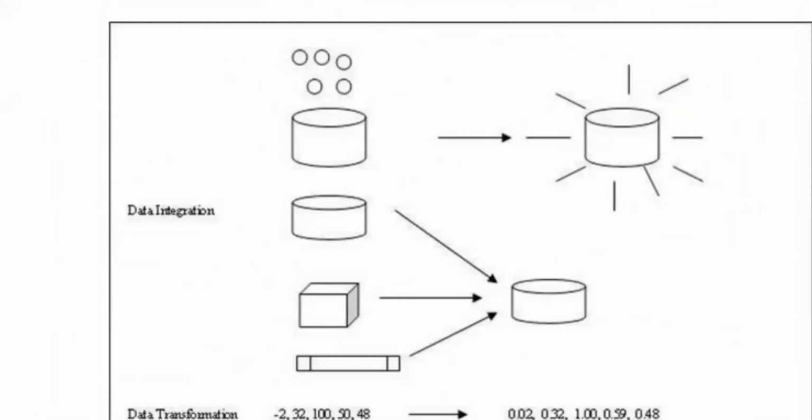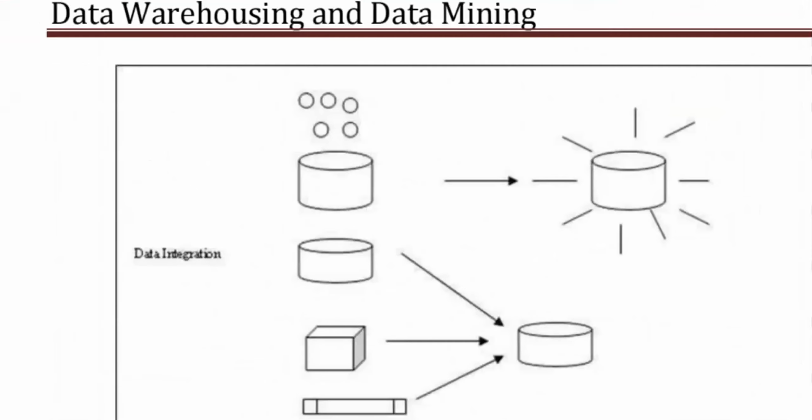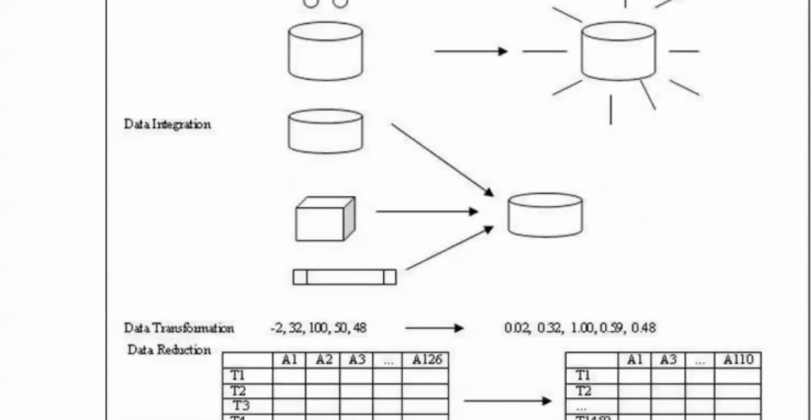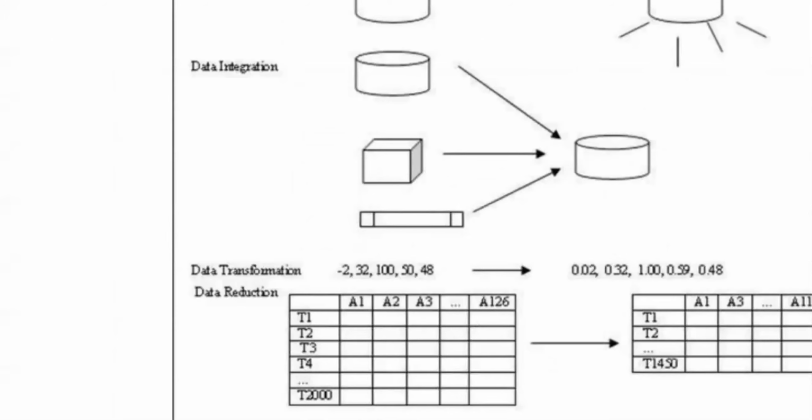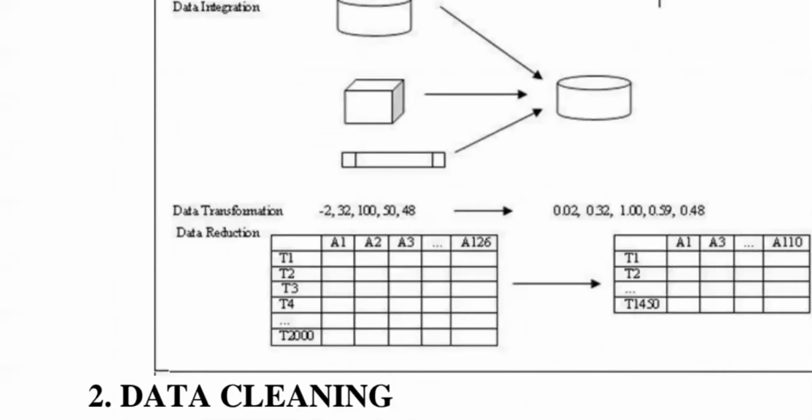In the first step, the data with the circles is the data cleaning. The next is integrating the data, that is data integration. Then data reduction, where you again minimize. Finally transformation, that is the normalization you have to apply. Finally, you store the data into the data warehouse.